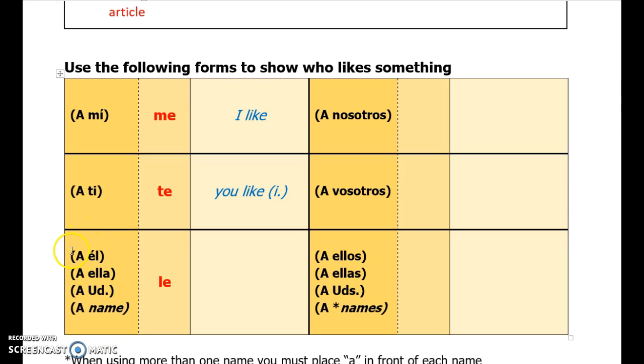A él, normally when we have a next to el, we make it al. That's when el is a definite article. El, no accent mark. In this case, el means he. Right? So we can translate that many ways. We can translate that as he likes, she likes, you like, when we are being formal, or that person's name, whoever that person is, likes something.